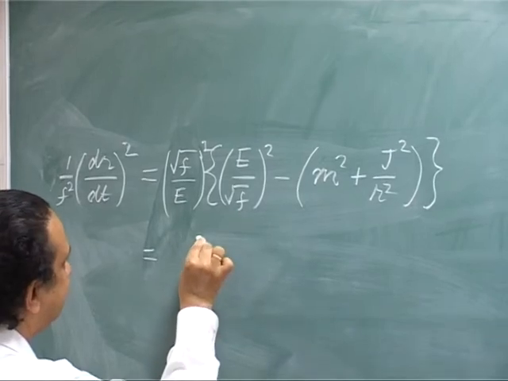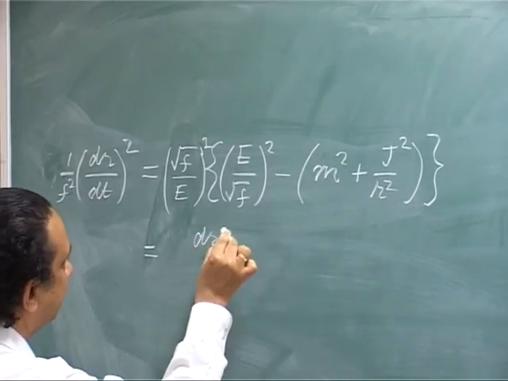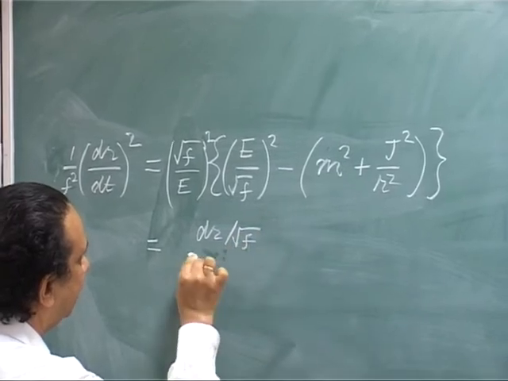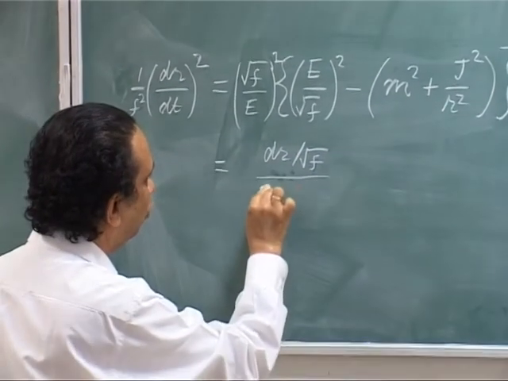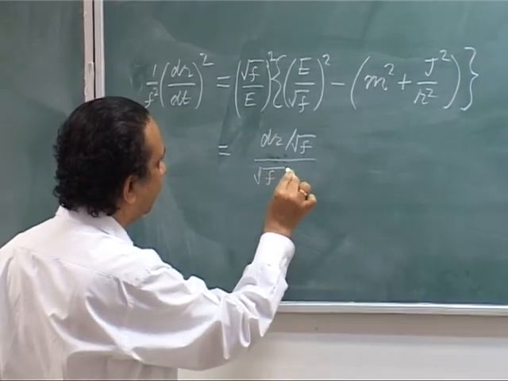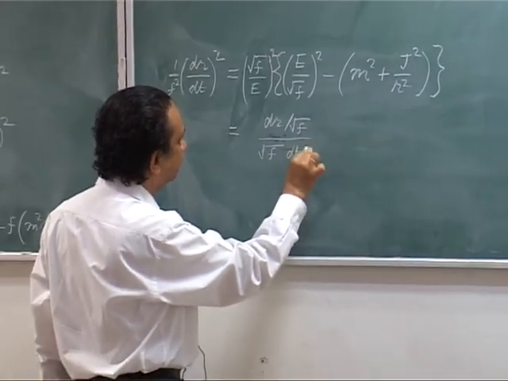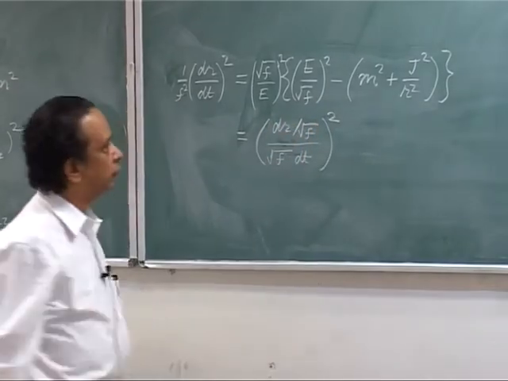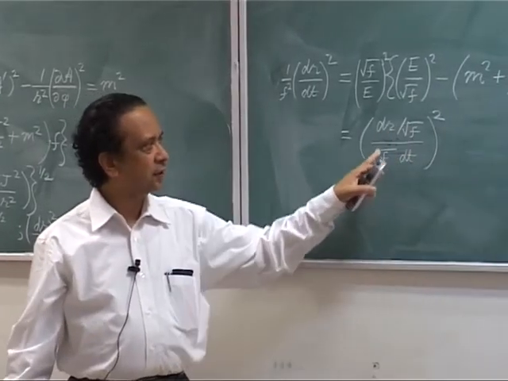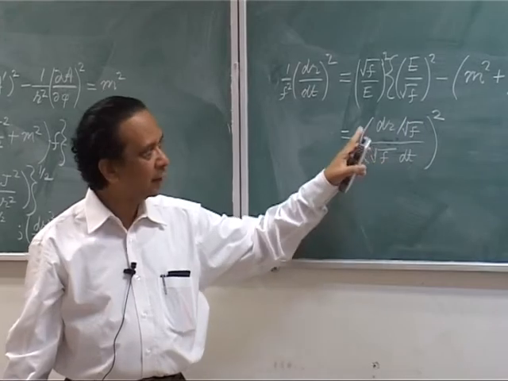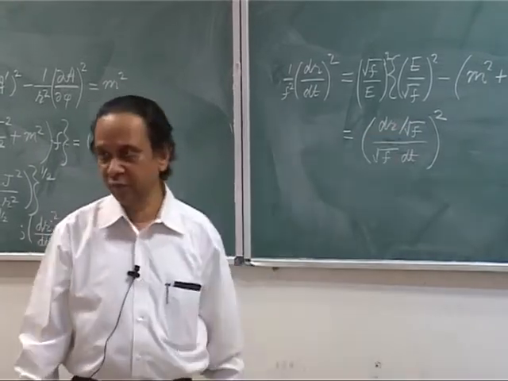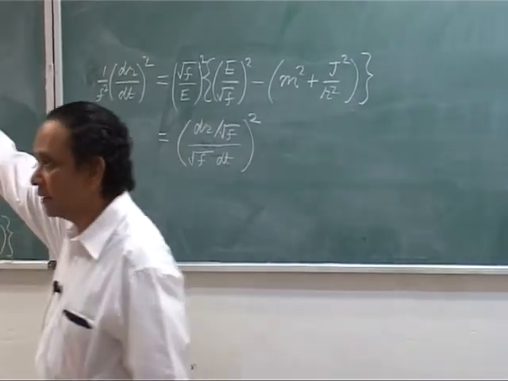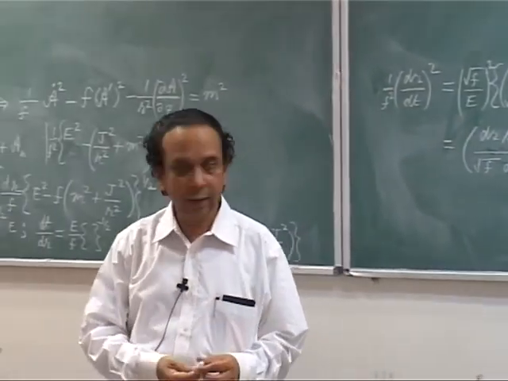I will write it as dr divided by root f, divided by root f, dt the whole square. So, you can see that this root f comes here in the denominator, it becomes 1 upon f, there is a square 1 upon f. So, this is the same equation as what we have derived laboriously from general relativity.